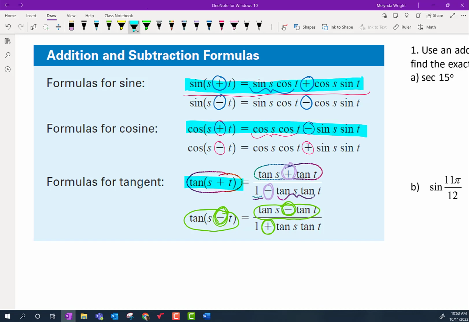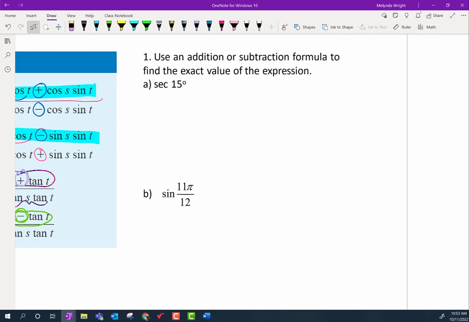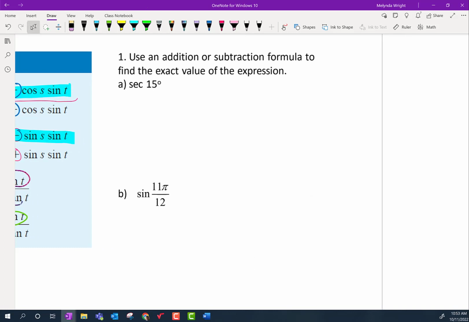All right, are we okay so far on the formulas? What I'm going to do is show you several different ways that we use the formulas. So let's navigate over here to numbers 1a and b. And I'm going to write formulas, steps, because I love to write steps.